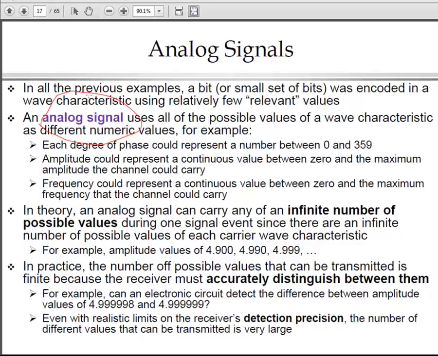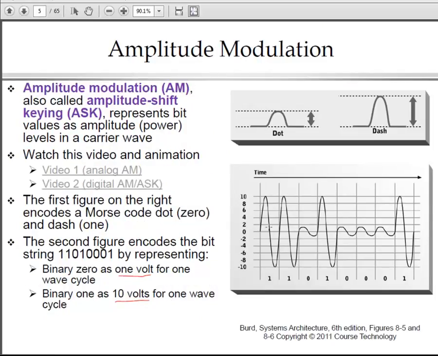The idea is that, let's say we're using amplitude modulation and using voltage on electricity. If I send 98.62 volts, then every digit, so to speak, of that voltage value means something. Whereas with the multi-level encoding and the AM examples, the absolute value of the amplitude really didn't matter.